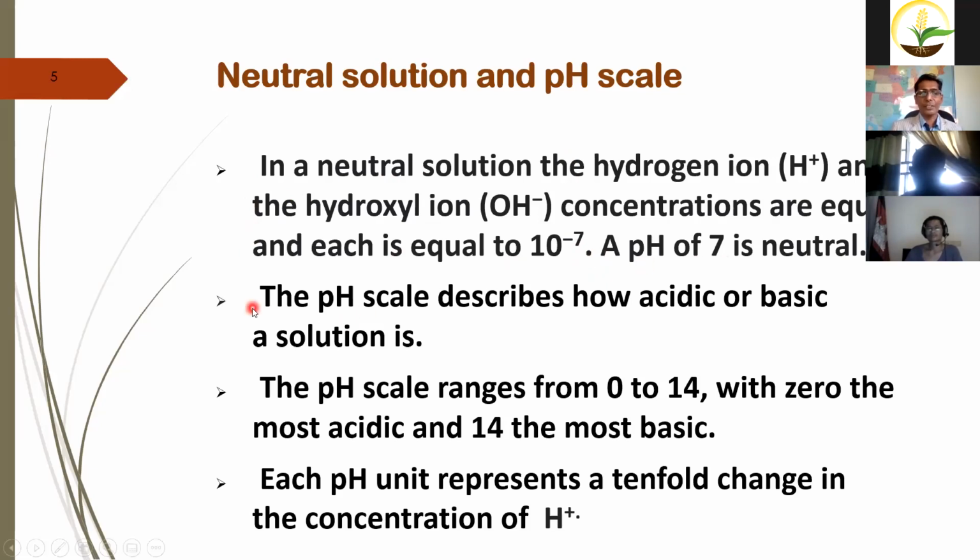The pH scale describes how acidic or basic a solution is. The pH scale ranges from 0 to 14, with 0 the most acidic and 14 the most basic or most alkaline. Each pH unit represents a tenfold change in the concentration of hydrogen ion.